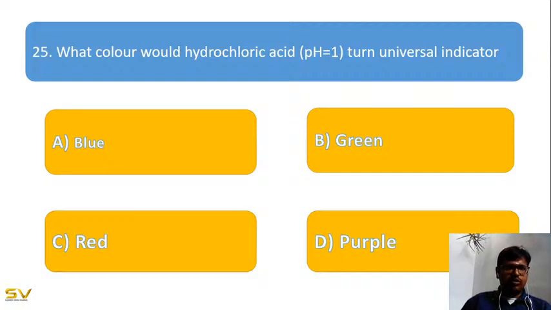What is the color of universal indicator if the pH value is 1? A lot of indicators are there, among them universal indicator, litmus indicators, and the pH scale. So if it is 1 on the pH scale, what is the color of the universal indicator?